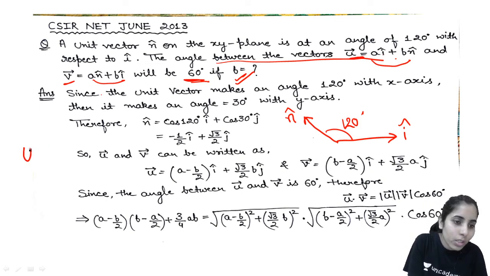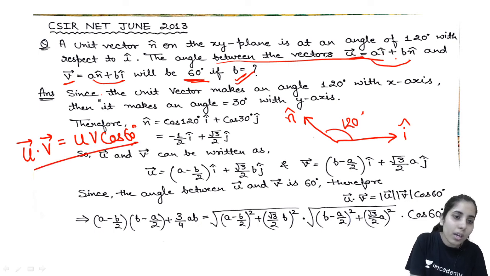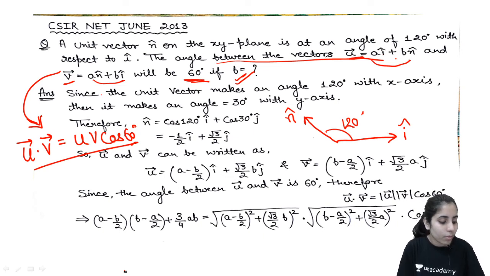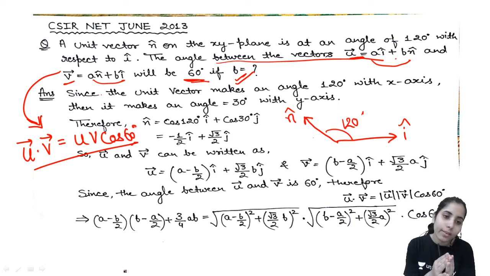Can I write u dot v is equal to uv cos 60 degrees? Is this the right expression for what they are going to ask us to find? That it should be 60 and I have taken it 60. Can I write it in this way? Is this clear? Done. I will start with this step. So u dot v means what?